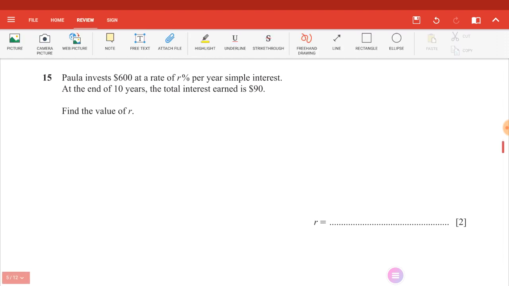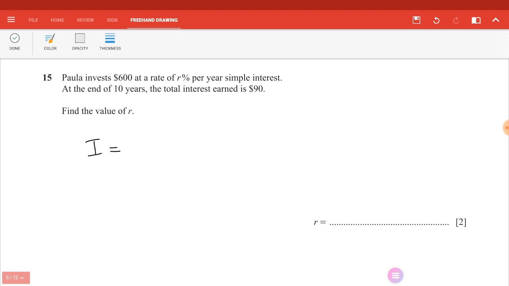Paula invests $600 at the rate of R per year simple interest. So the interest will be PRT. You can put the R in decimal or divide by 100. So now you can substitute.